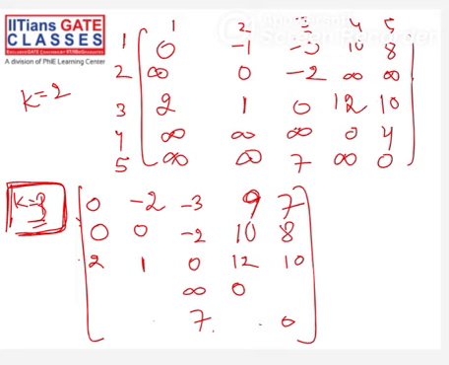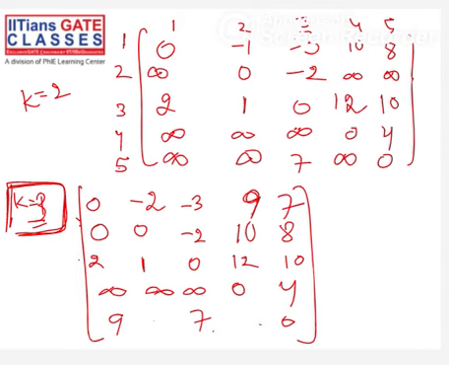Alright. Now 4 to 1: 4 to 3, 3 to 1. 4 to 3 is infinity, so this will not change really. Infinity, infinity. And what? 5 to 3. 5 to 3 is 7. Yeah, this might change. So 5 to 1 is 5 to 3, 3 to 1. 7 plus 2 is 9.